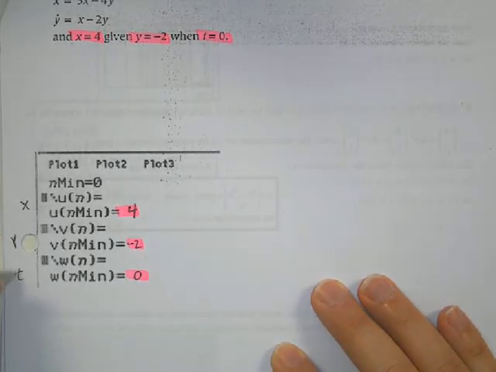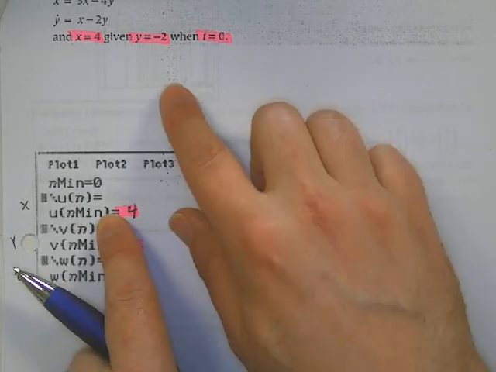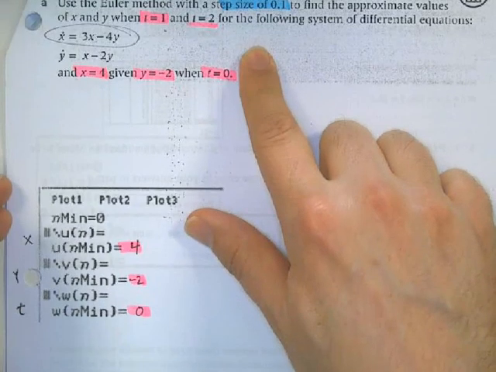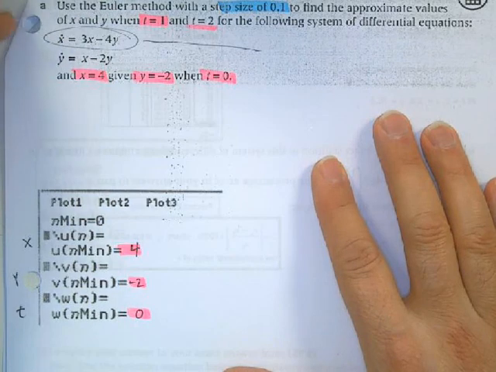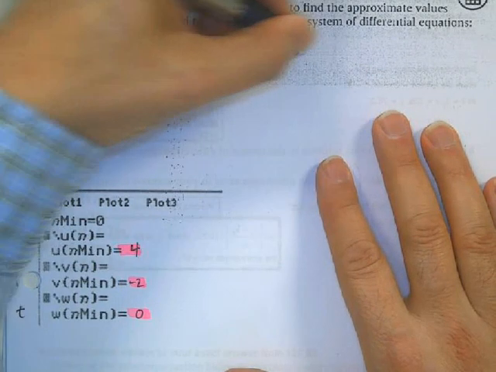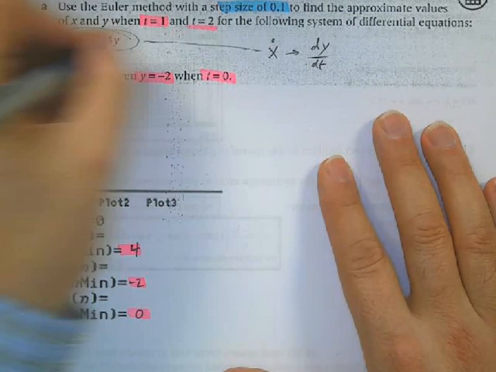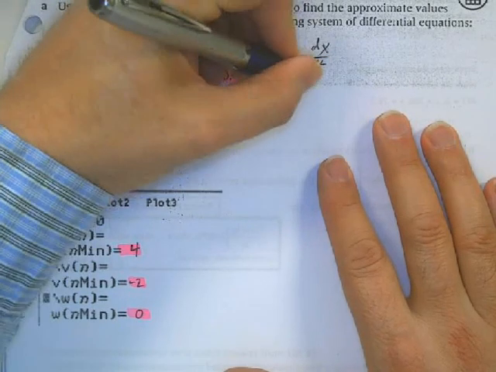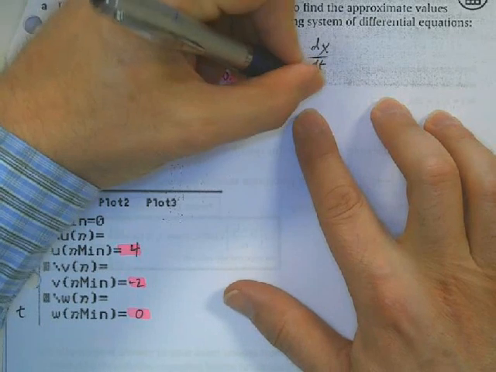Then my first equation for my x is this. x dot means dx/dt, and y dot is dy/dt.